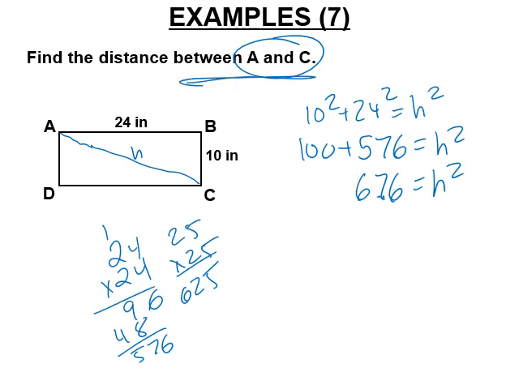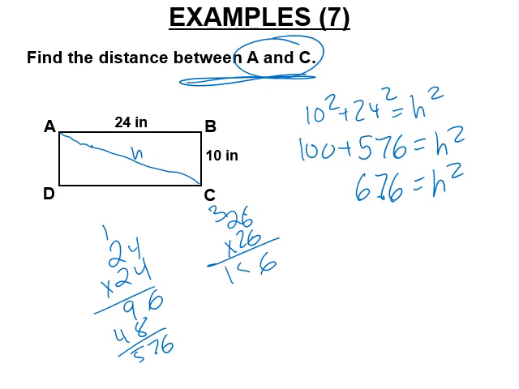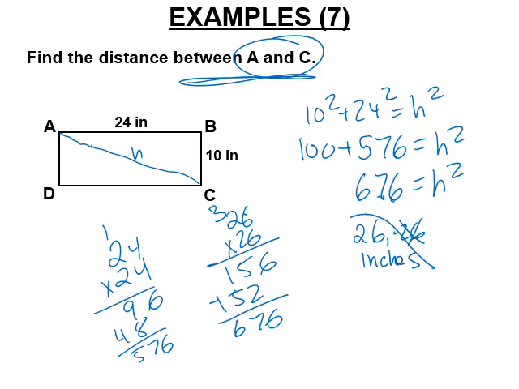And I didn't say it's irrational, so it must be a whole number. So let's do 26 times 26 and see if that comes out as 676. We've done this before. Yep. So it's 26 and negative 26, crossing that out, and this has inches on it. So we're going to say the distance, or the hypotenuse here, is 26 inches.